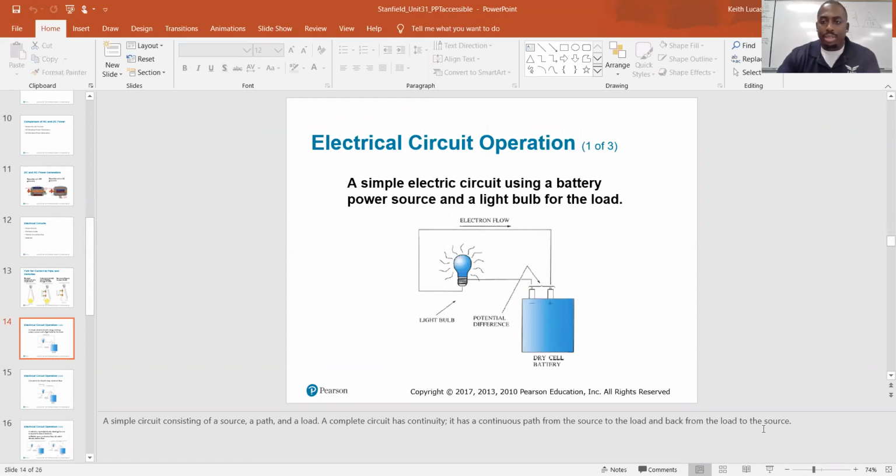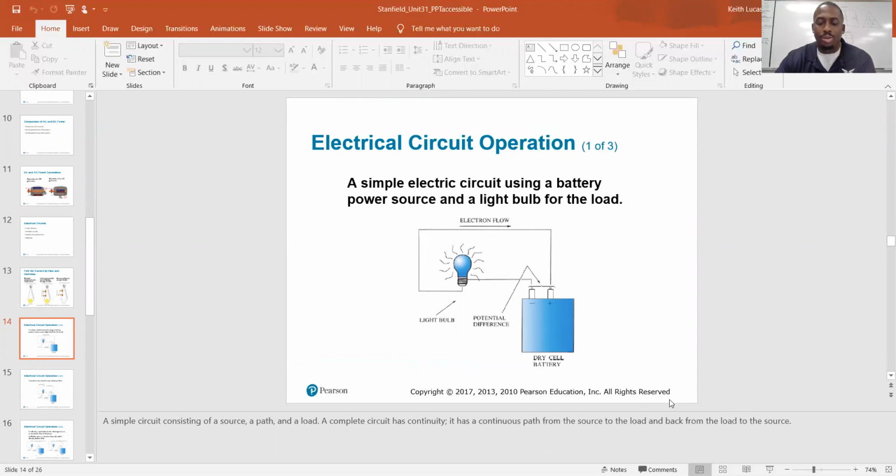Electrical circuit operation: a simple circuit consisting of a source, a path, and a load. A complete circuit has continuity. It has a continuous path from the source to the load and back to the source.